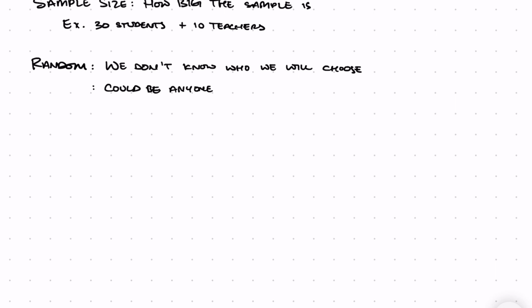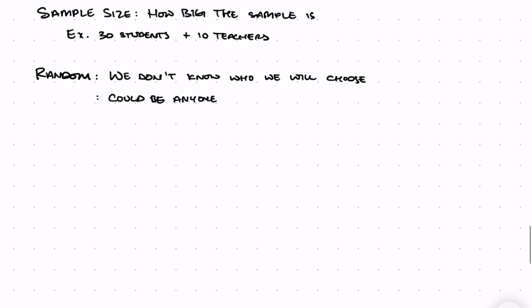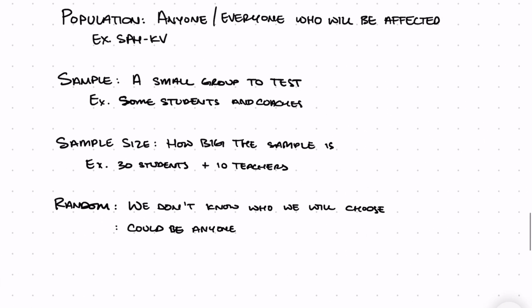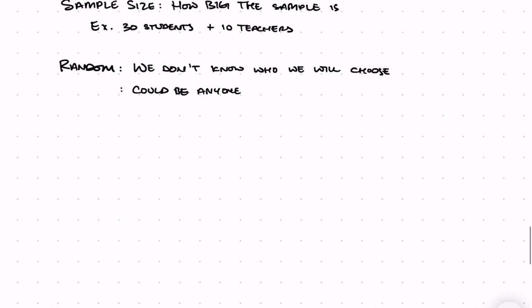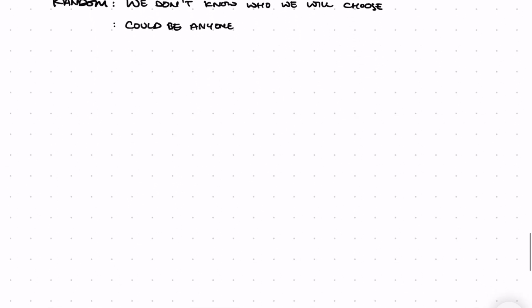Maybe the non-athletic students would love to give this a try, or I mean the students who are not involved in any athletics right now. Okay, so these are 4 keywords that you'll definitely need to know. And now there are 3 types of choosing this random sample. We're going to call this sampling.